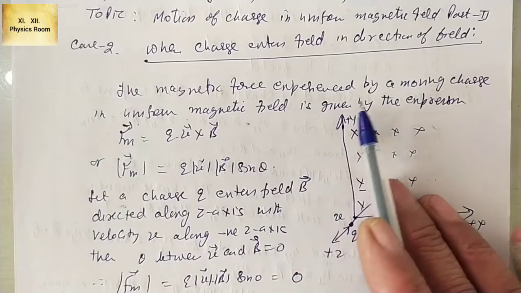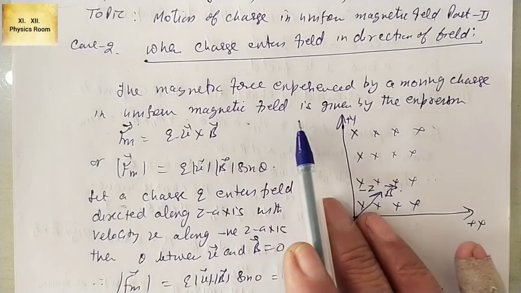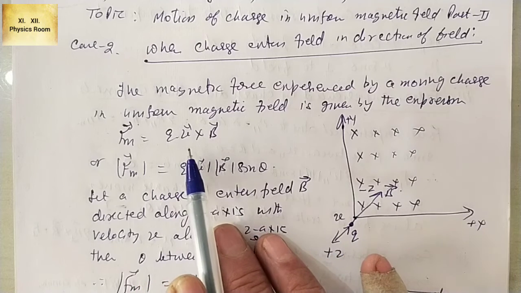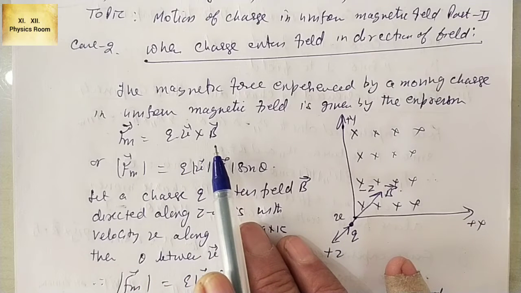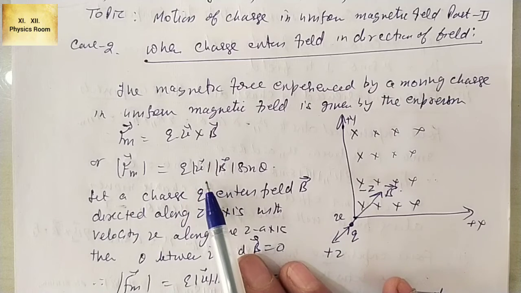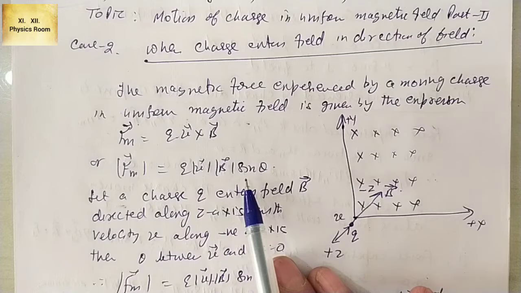The magnetic force experienced by a moving charge in a uniform magnetic field is given by the expression Fm equal to Q V cross B, or in magnitude, Q |V| |B| sine theta.